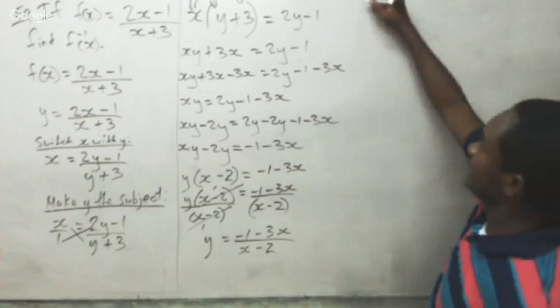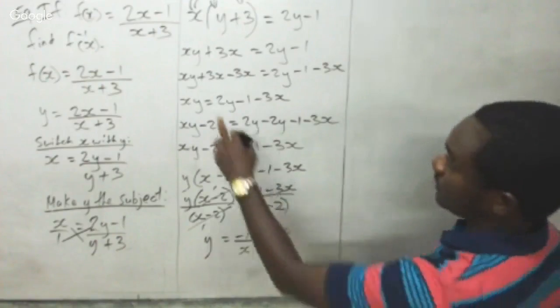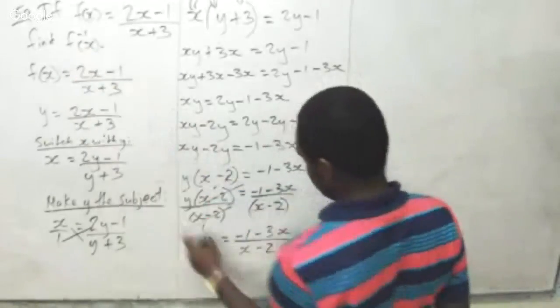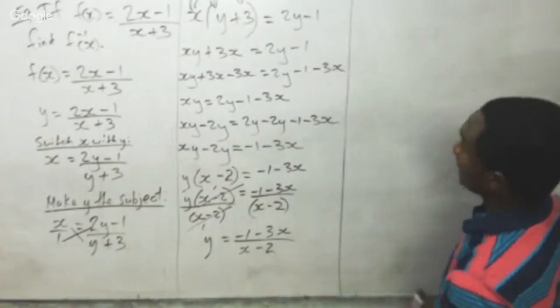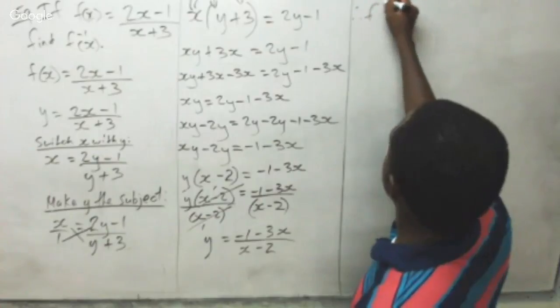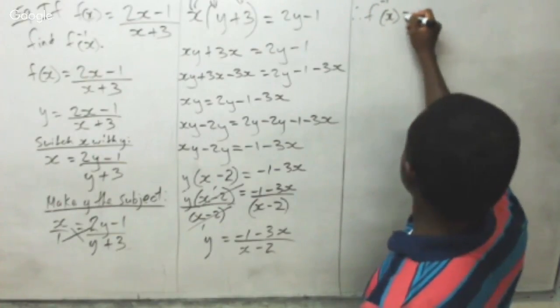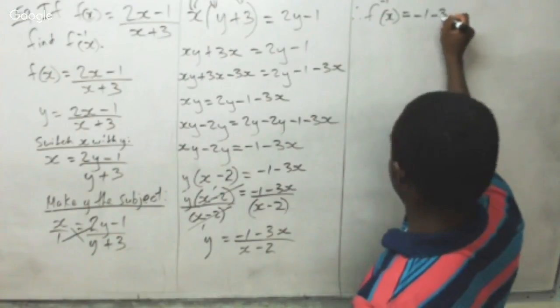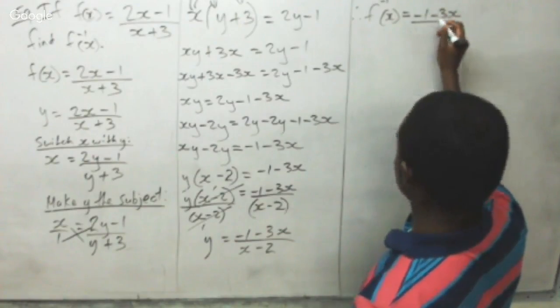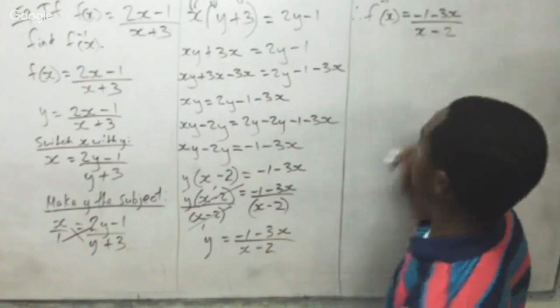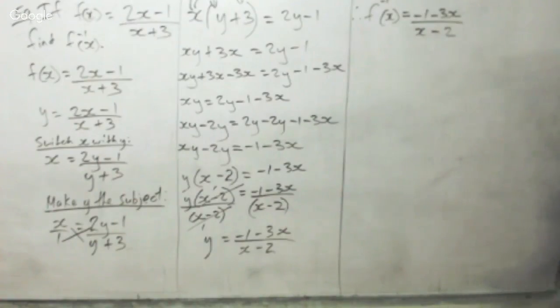So f inverse of x is equal to negative 1 minus 3x over x minus 2. That's the inverse. Do we have any questions?